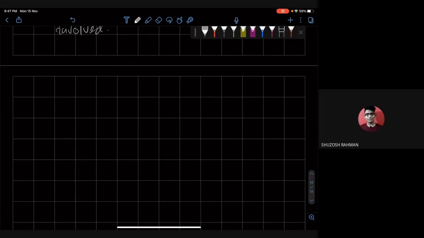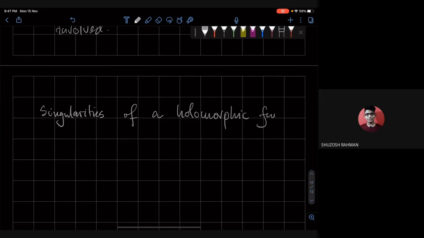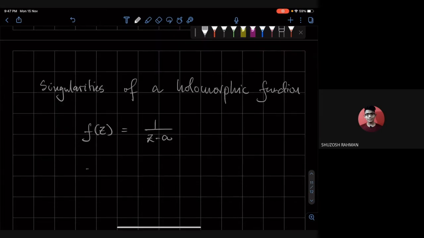Okay, so next topic is the singularities of a holomorphic function. So for example, if I take f of z to be, say, 1 over z minus a, then it should be obvious that z equals a is a singular point for f of z.